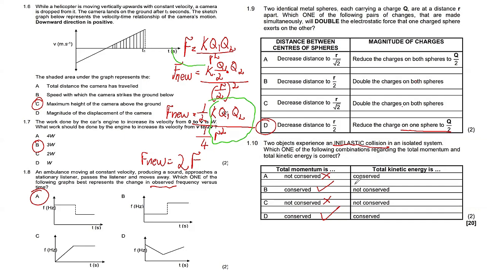Then we are looking for where it says not conserved. So not conserved is on part C and then also on option B. But then now, when we are about to select the correct answer, we must check where we have two ticks, right? So we have a tick on B this side, and then we also have a tick on B this side. So that means the correct answer is B.